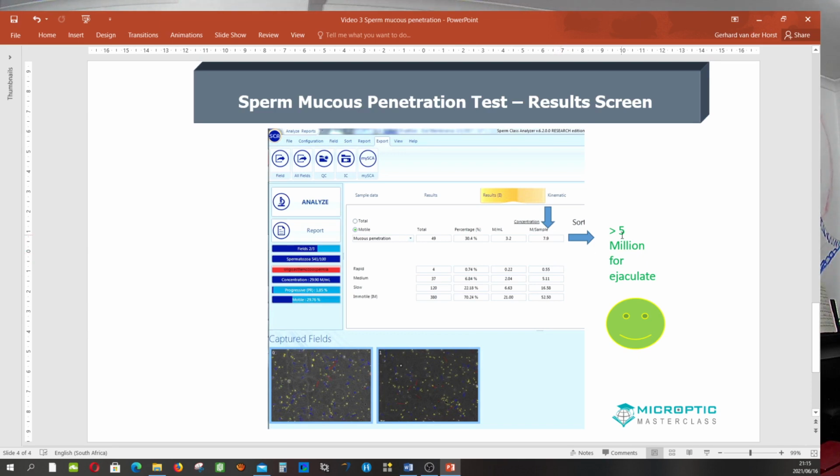And it needs to be, for a good quality sample, above 5 million for the ejaculate, and you can see it is actually 7.9 million. So in this instance, it's a happy chappy as far as this sperm functional test is concerned. And this brings us then to the end of this test.